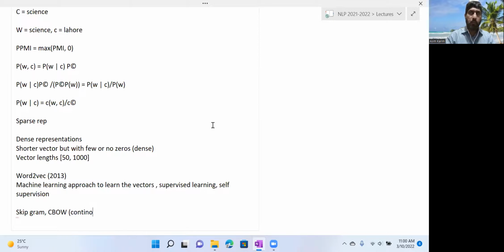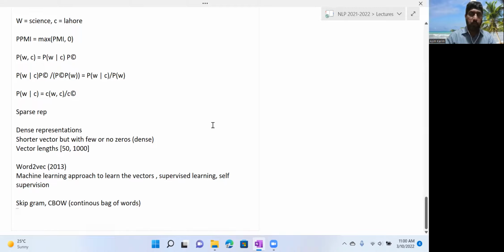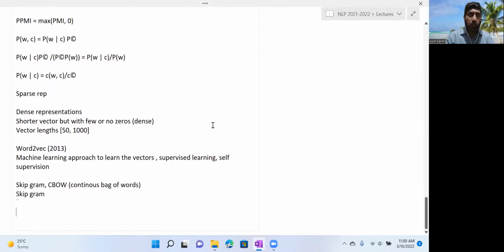Both of them are actually very similar. They just propose two ways. So we'll start with discussing the skipgram approach. Okay? So what is the idea? We want to build a classifier.